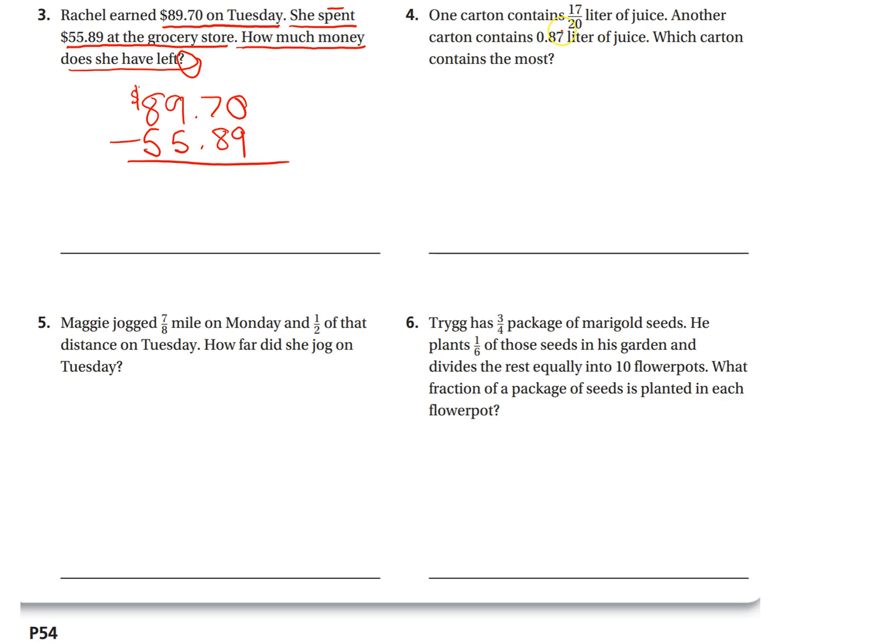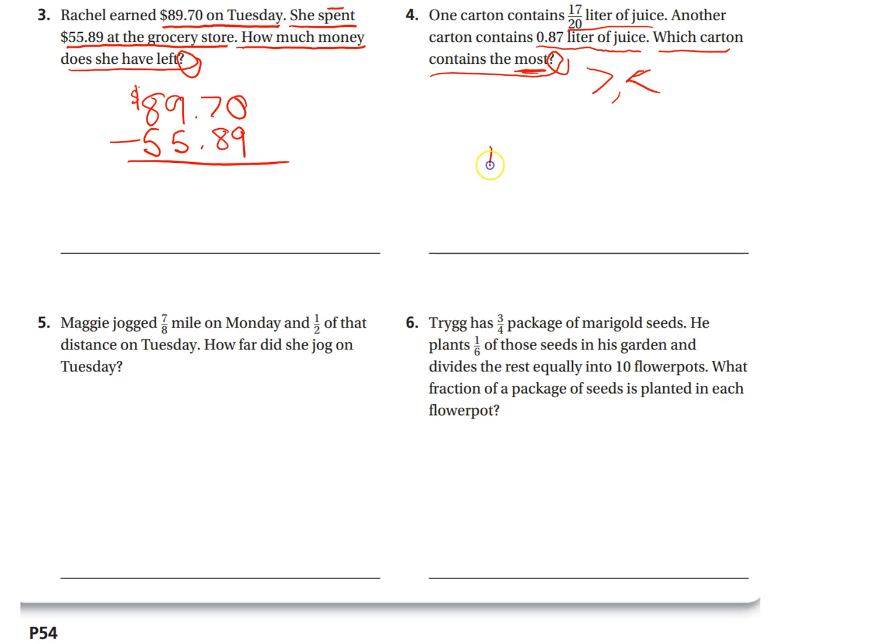Number 4, 1 carton contains 17/20 liters of juice. Another carton contains 0.87 or 87 hundredths of juice. Which carton contains the most? Well, since you're trying to compare to see which one has the most or least, you're going to be using the greater than or less than signs on this problem.